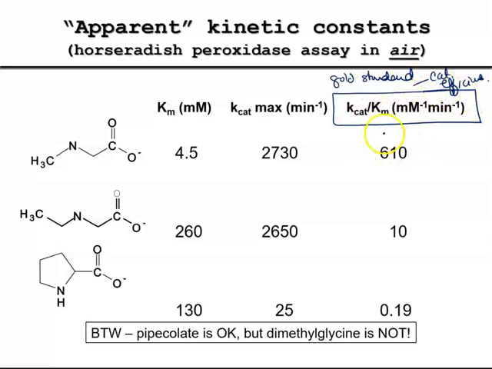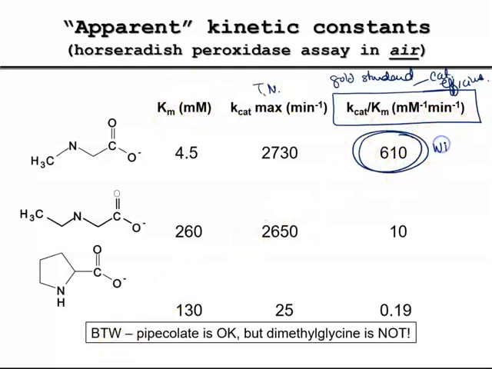So those are the two factors considered in this measure of catalytic efficiency, Kcat over Km. So this is essentially the turnover number divided by your Km.